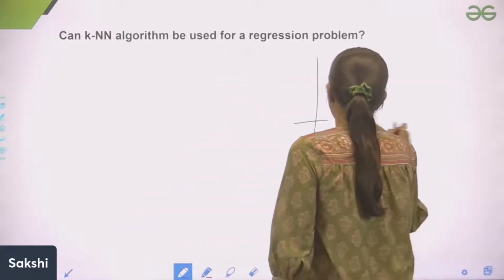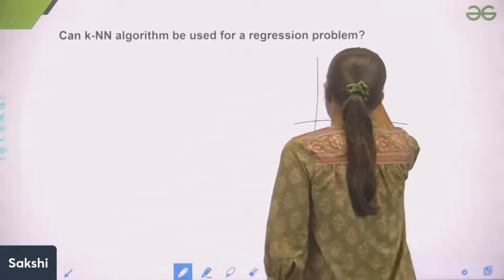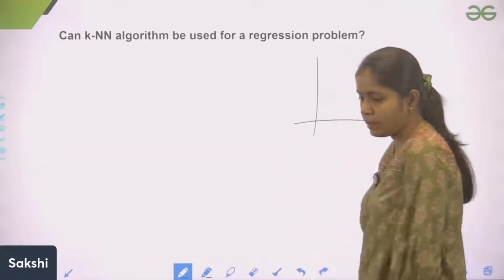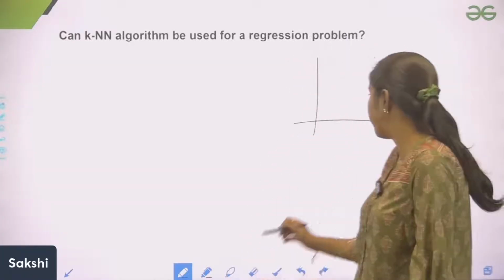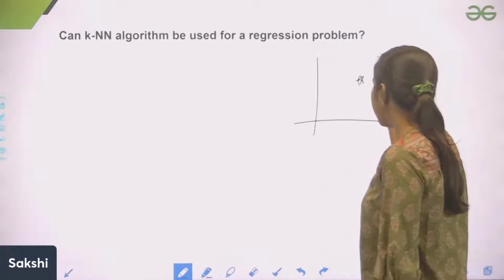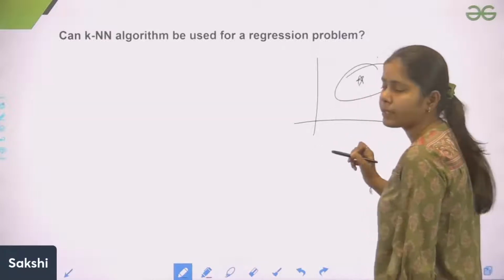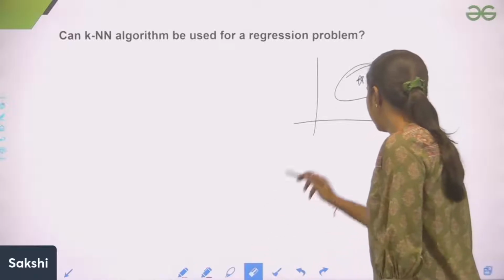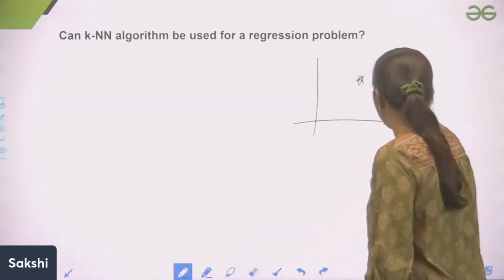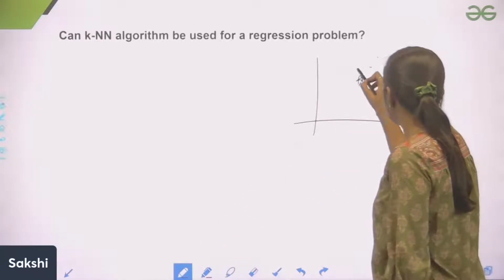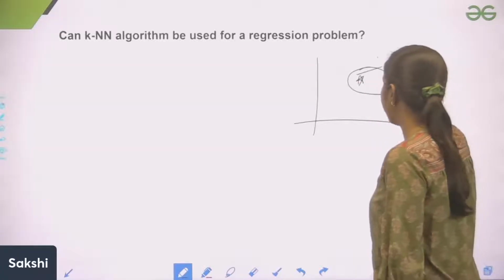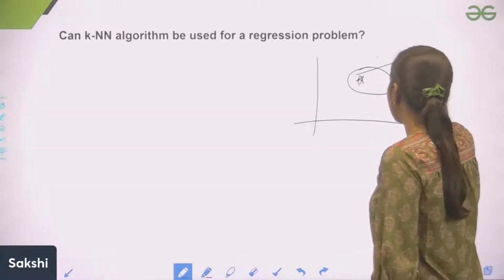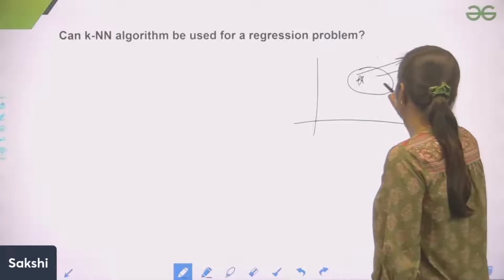What would I do? Let's suppose we have some data points. Let's say I'm plotting those data points. Some query comes. Let's say I'm taking 4 nearest neighbors. Not 4, let's take 3 nearest neighbors. So these 3 are the nearest neighbors. I'll find out their values. Let's suppose this is 45, this is 23, and this is 72.